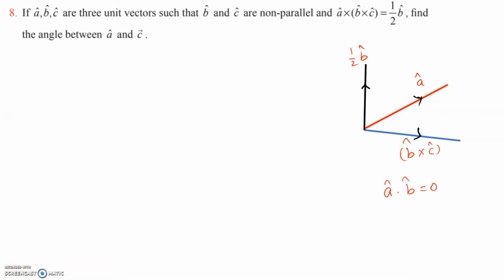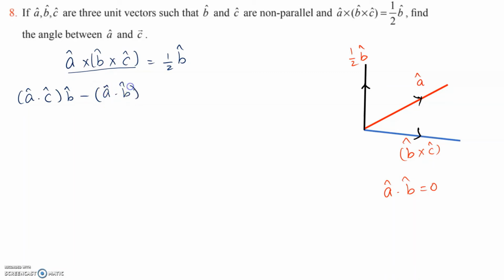Okay, now given to us is that A cap cross B cap cross C cap is equal to half of B cap. So let's take the left hand side and let's expand. This can be written as A cap dot C cap B cap minus A cap dot B cap C cap is equal to half of B cap.